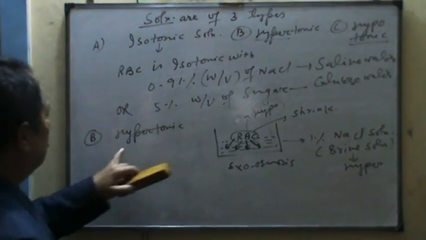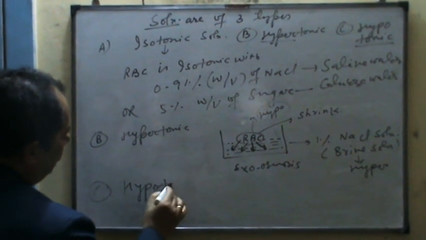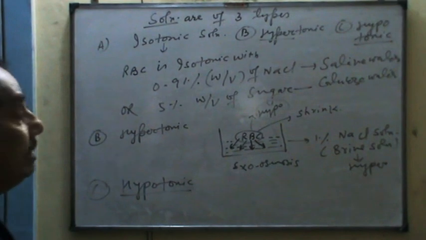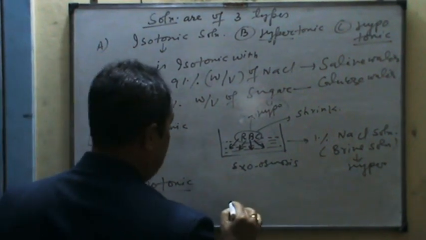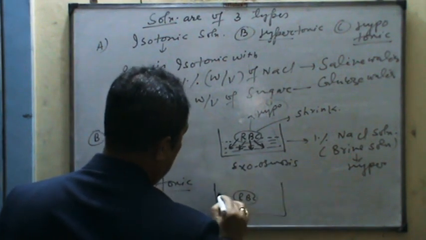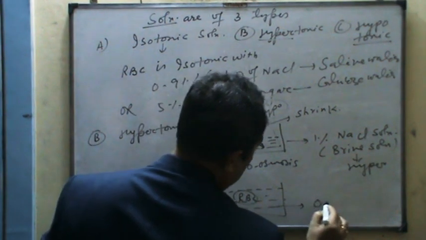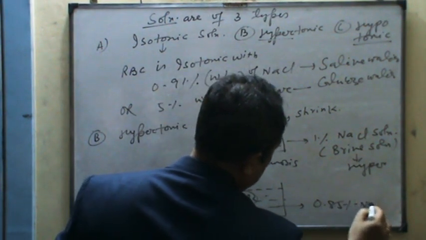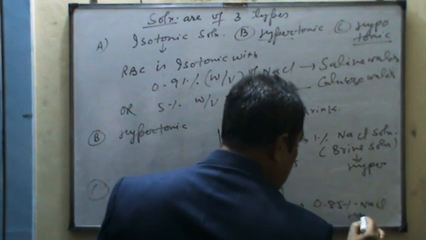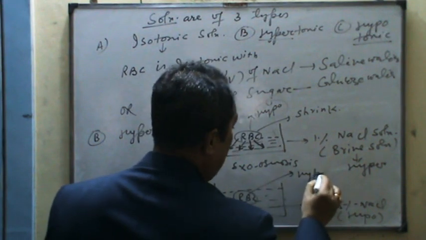And just opposite to that is hypotonic. What do you mean by the term hypotonic? If the concentration of one component is lesser than the other. For example, when RBC is placed in 0.85% NaCl weight by volume, it is known as hypo, and RBC is known as hyper.